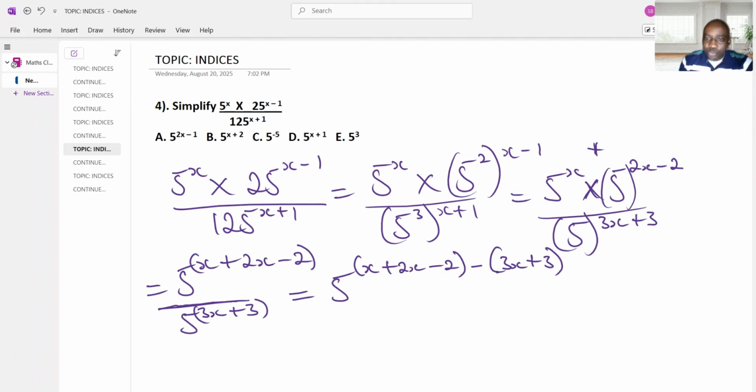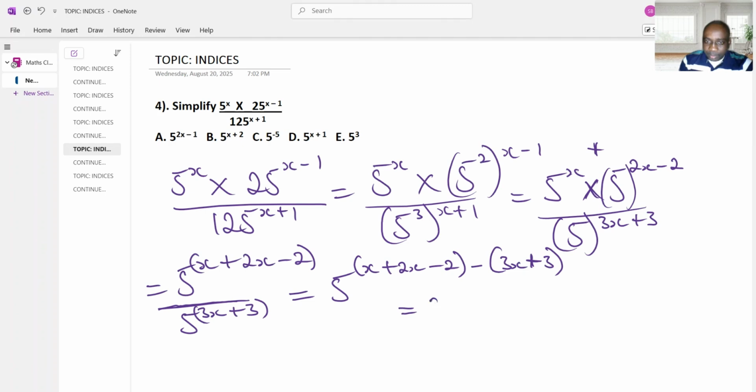Now, let's open the bracket. For you to open the bracket, it's going to affect this plus here, because minus times plus is going to change to minus. You cannot just open the bracket and say 3x plus 3. No. This minus, you will use it to multiply each one to open the brackets.